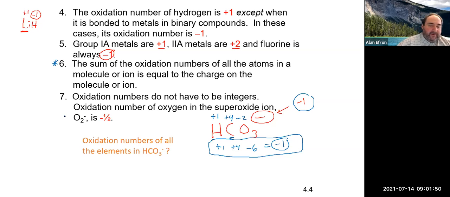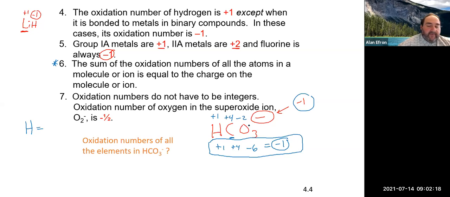Also really important when you are writing what the oxidation number is, and people screw this up all the time. Let's talk about how to properly write it. Before we do that, the question is, where did the -6 come from?